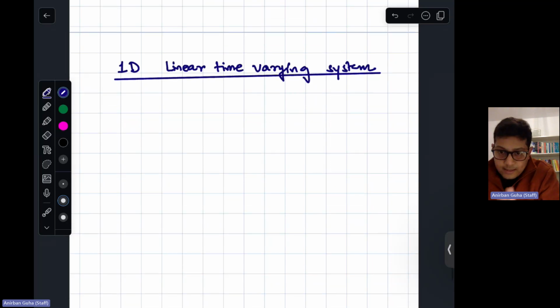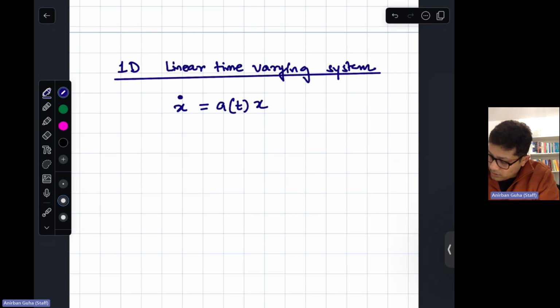As I said, I'll just consider a scalar equation: x dot equals a(t)x. Let's say that this is equation 1, with an initial condition x at time t equals 0 is, say, x0. And the question is whether we can solve this system, right?